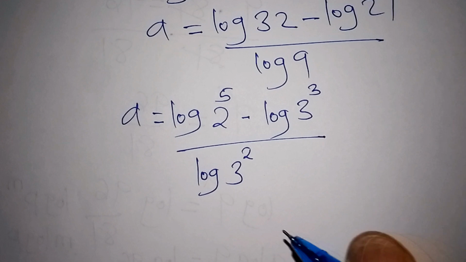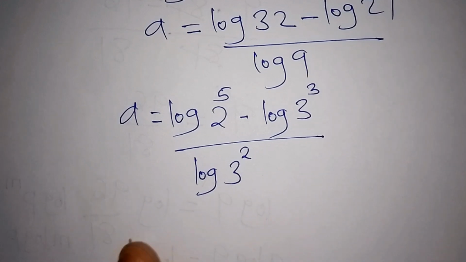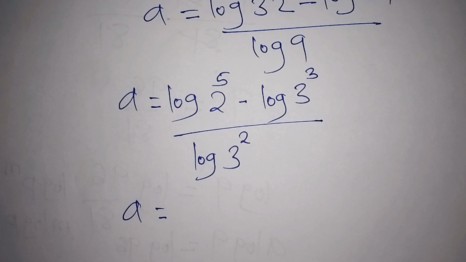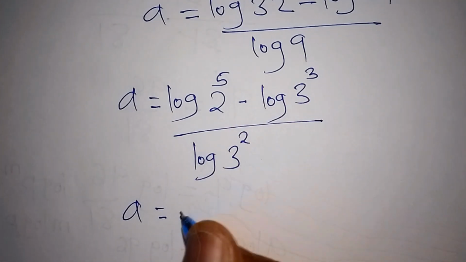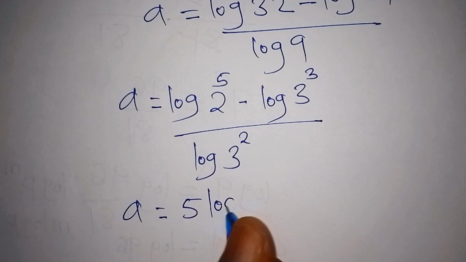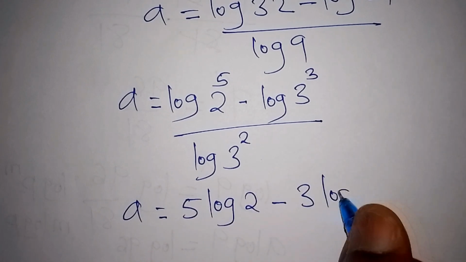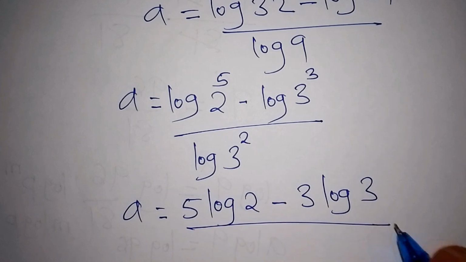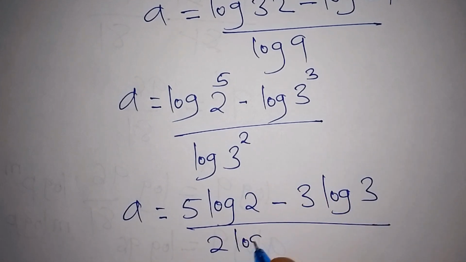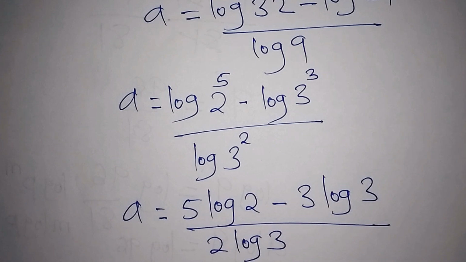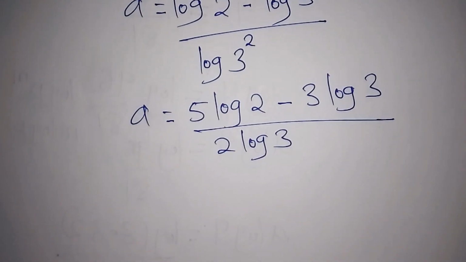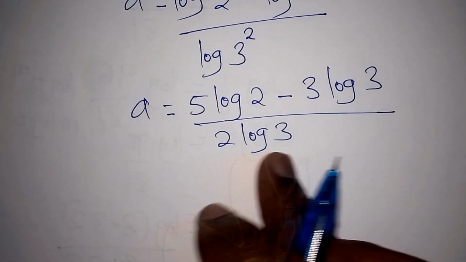Next we shall say that a is equal to, the log of 2 to the power of 5 can also be written as 5 log 2, minus 3 log 3, all over 2 log 3. Now we shall divide both sides by 2 log 3.